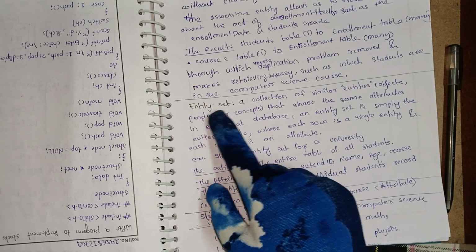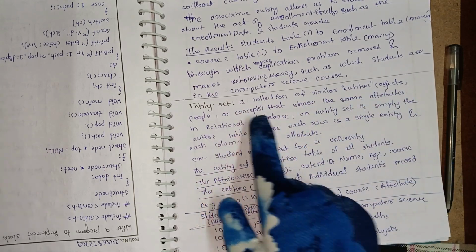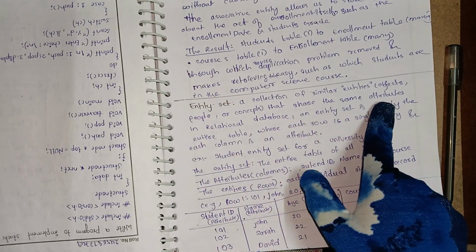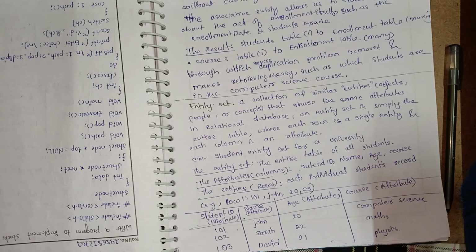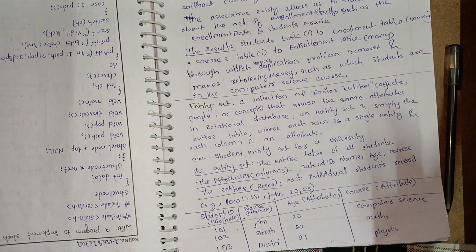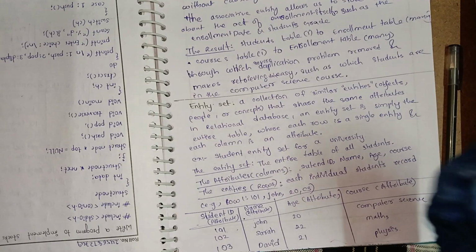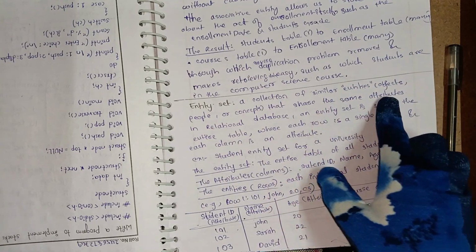So entity set is a collection of similar entities, objects, people or concepts that share the same attributes, like employee name, employee salary, and employee ID, etc. For all employees, employee E1, E2, E3 and so on, they have the same attributes, means columns.